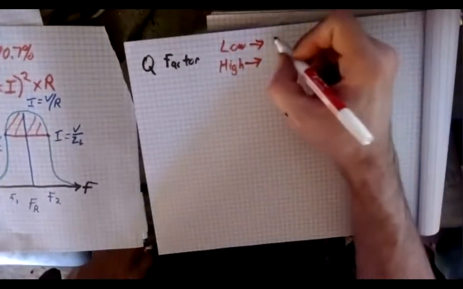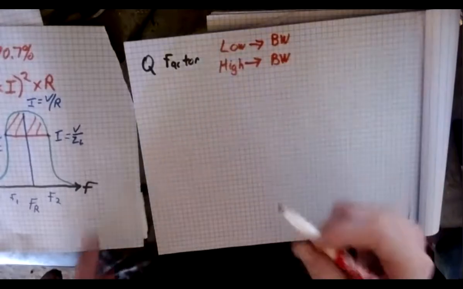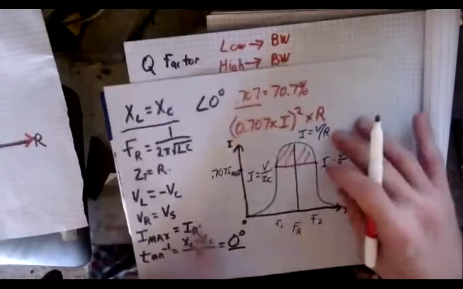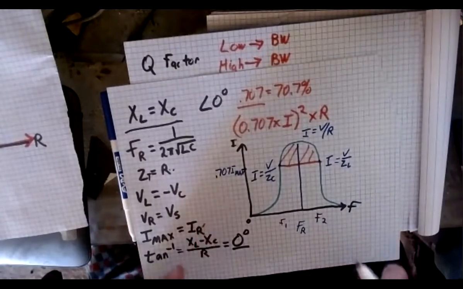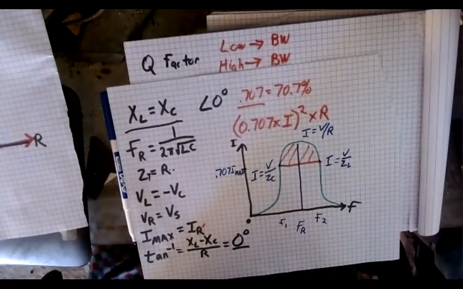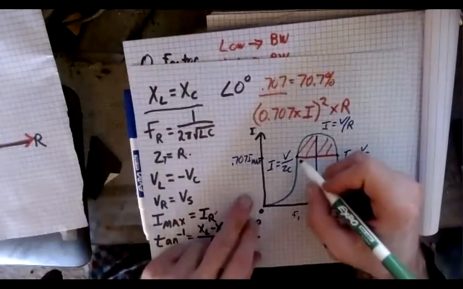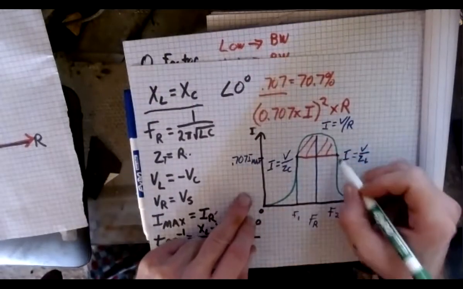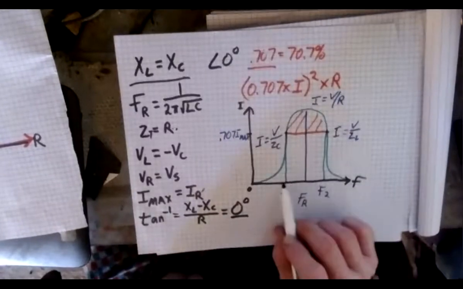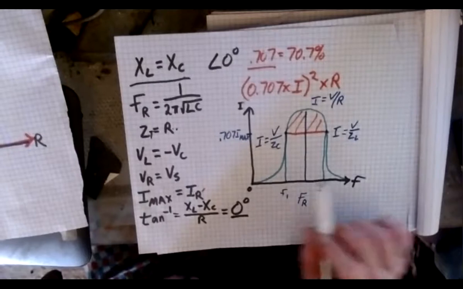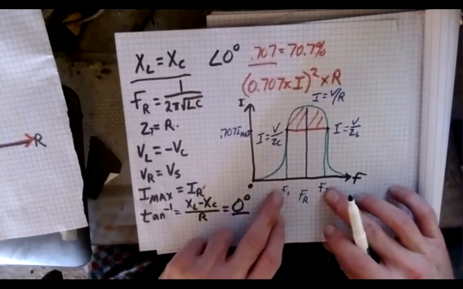What this does is relate to my overall bandwidth, which means my regions of operation. So from here to here is my operating region as far as the frequency is concerned, okay?